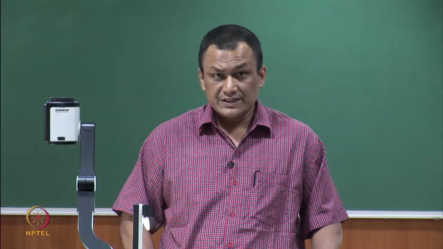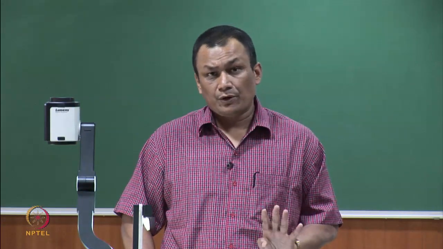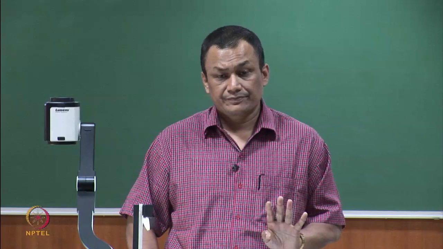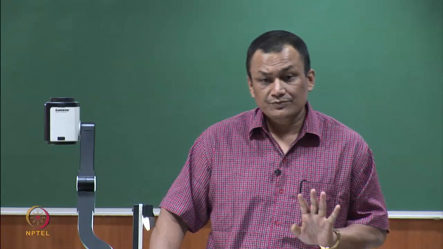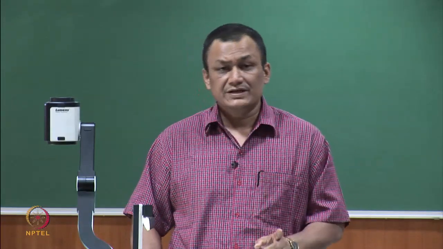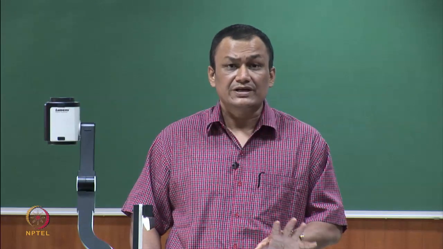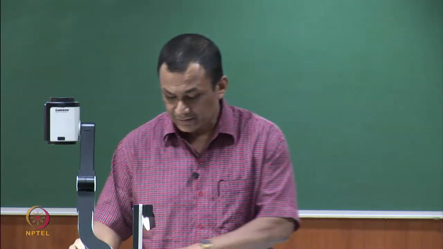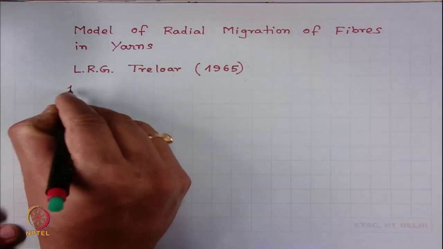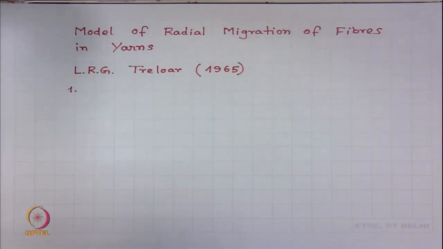This model is based on 4 important assumptions. Out of these 4 assumptions, the first assumption is basically related to the definition of radial migration. What is the definition?